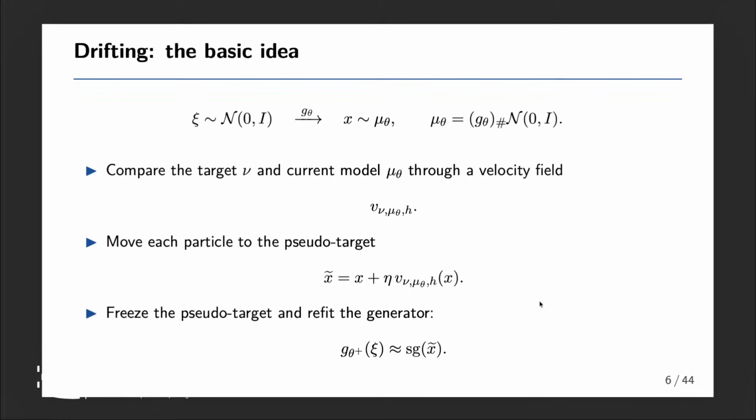Once you have this new updated particle x tilde, you regress your g theta of psi, which is your neural network, evaluated on the noise, against the new updated particles x_i tilde, right? And then you learn the parameters of this neural network on the updated particles, right?